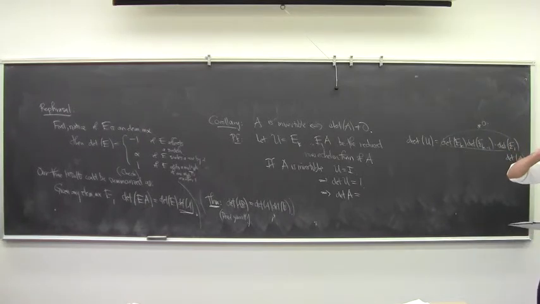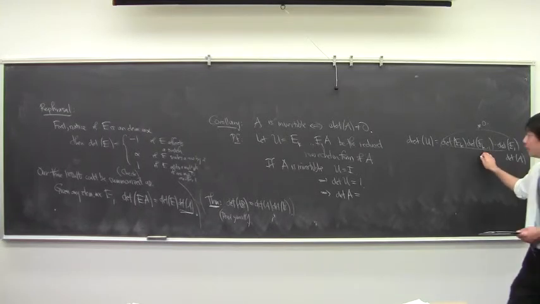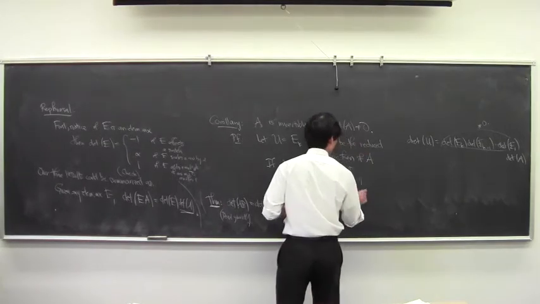It's either -1, 1, or alpha, where alpha is non-zero. Okay. So we see that the determinant of A is non-zero.